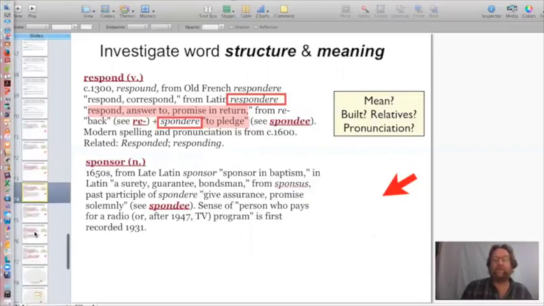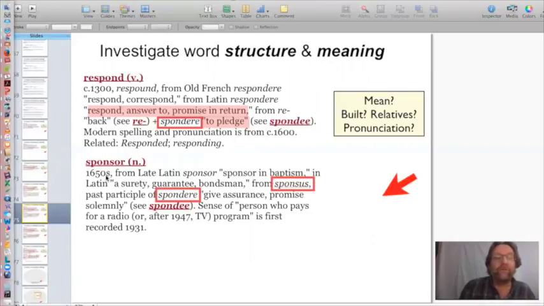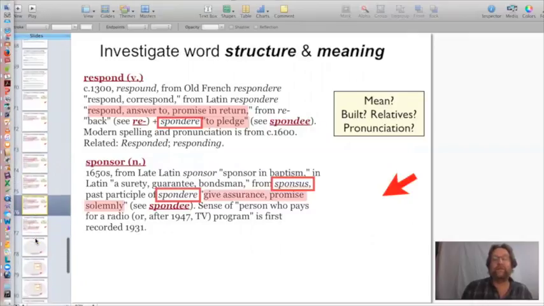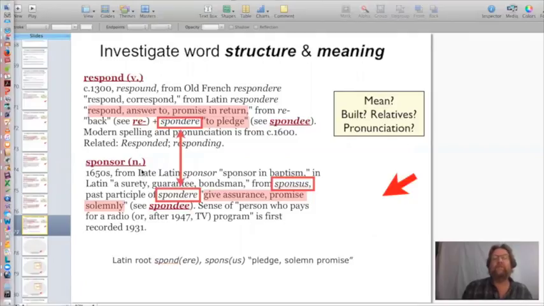Now we go to sponsor in etym, and we find 1650s. Look, it's quite a bit younger. From late Latin sponsor, I don't know how to say that. Sponsor in baptism, in Latin, a surety, a guarantee, a bondsman. From sponsus, which is the past participle of spondere, and now we've got it. This idea of give assurance, promise solemnly is being carried by this root, but the key thing we see is that both respond and sponsor share a root.